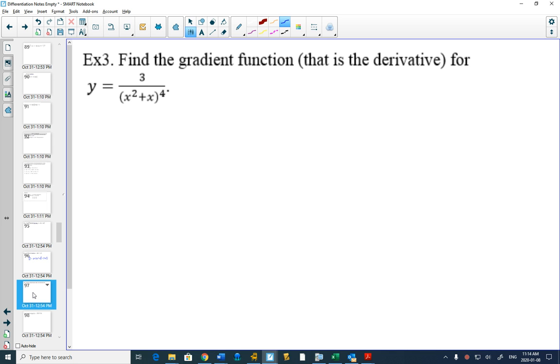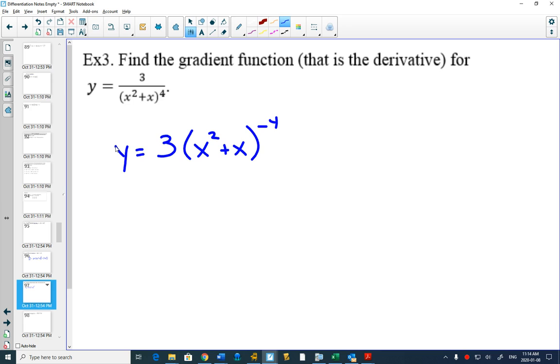So in this example, what I'm going to do before I start is change that power of 4 that's in my denominator to a power of -4 in my numerator. Because now I can do my power rule. Can you see in the original question you can't do the power rule because it's on the bottom.